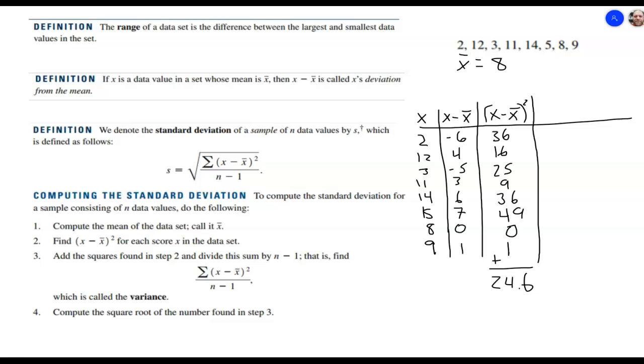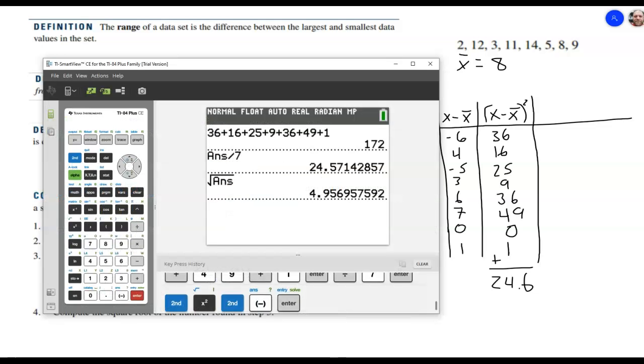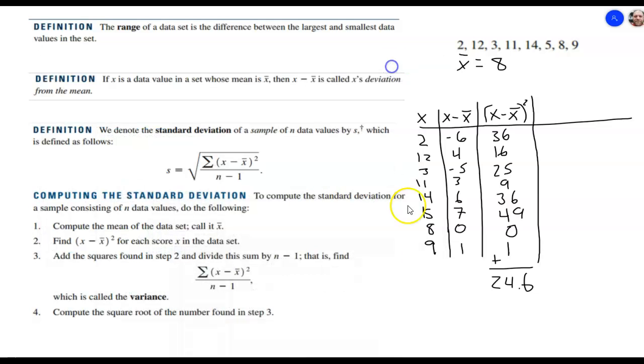And we should really go out one more decimal place than our original values. So it should be 5.0 because that's going to raise up. So our standard deviation in this case is approximately equal to 5.0 when rounded to one decimal place.